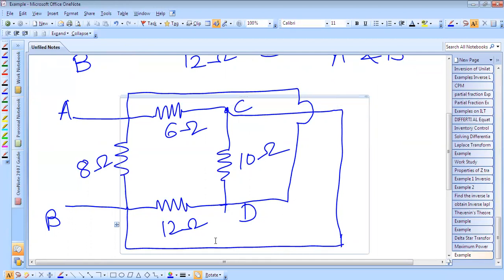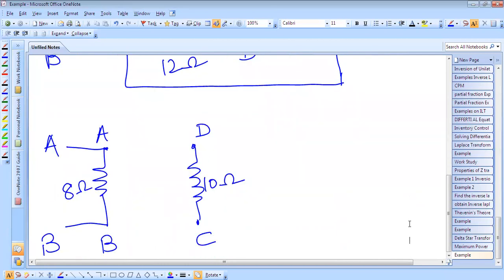Now, between A and D there is a short line.